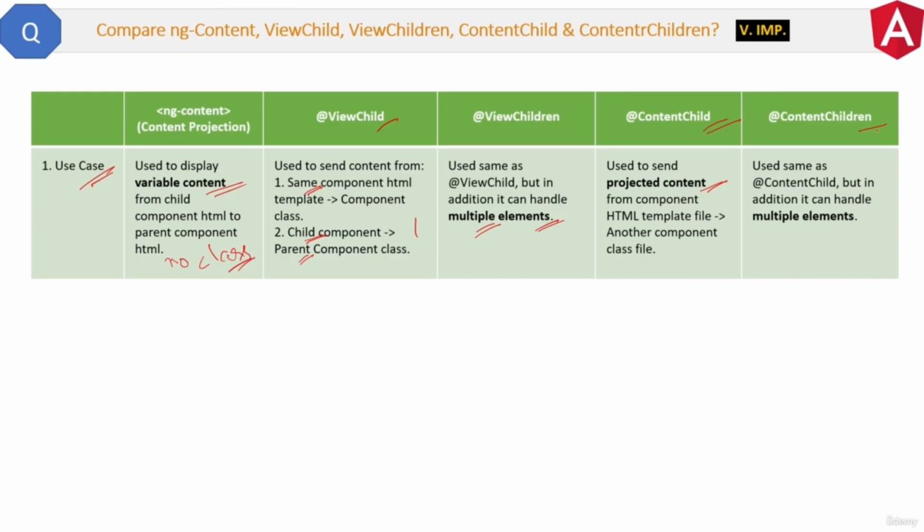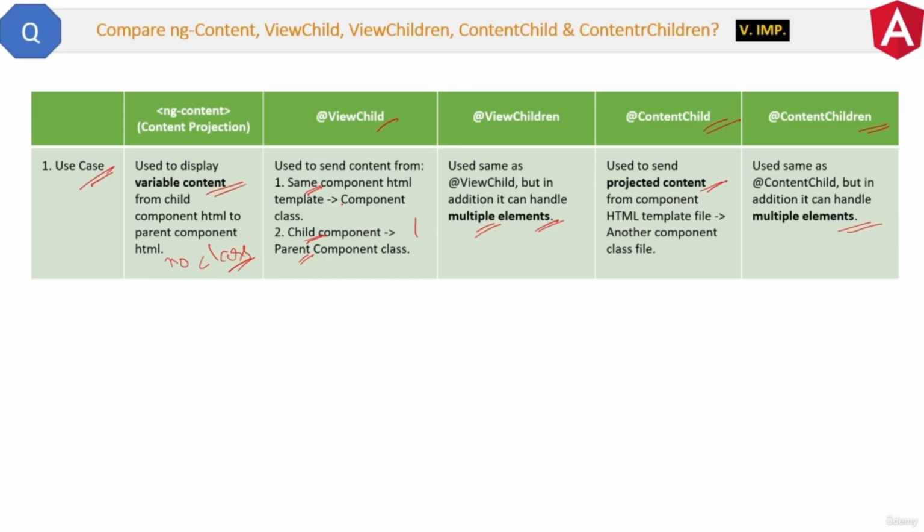And similarly, the ContentChildren decorator is used the same as ContentChild, but in addition it can handle multiple elements, again same as ViewChildren is to ViewChild. These are the ways in which we can use these decorators for content communication between two components. Here, except ng-content, all others are decorators.